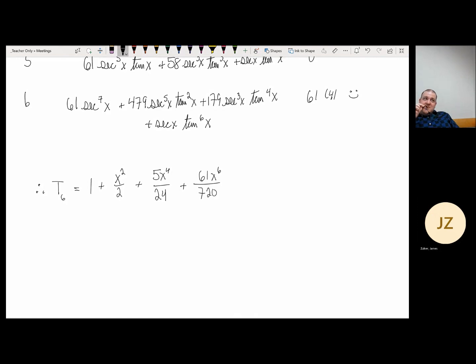Any questions on Taylor series? So remember, it's over n factorial. So it's the nth derivative evaluated at your center, which in this case is 0, over n factorial times x to the n. Again, because our center is 0, otherwise it'd be x minus c to the n. Right, so 2 factorial is 2, 4 factorial is 24, 6 factorial is 720.